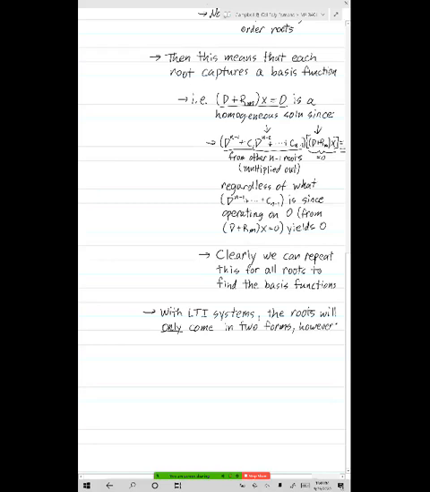No matter how high the order of the LTI ODE is, we only get two forms of roots, and we can even argue that really there's only one form of root.